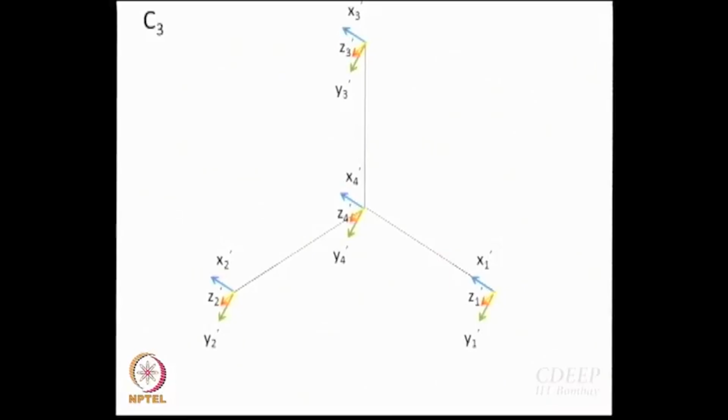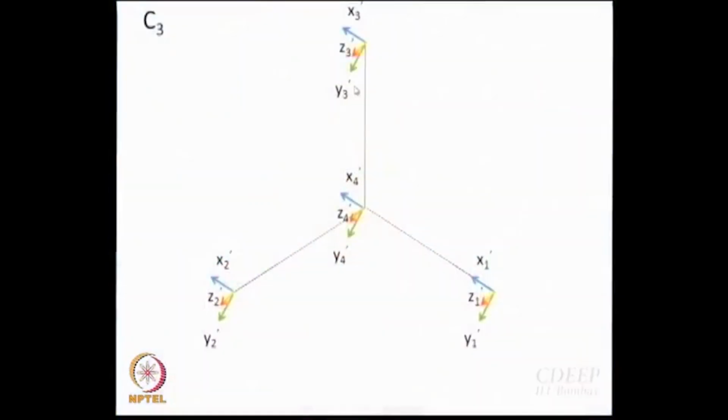Alright, these Z's are very easy, Z dashed. What about Y? How do I draw Y? Y also is very easy, because Y has to be perpendicular to X, right? So it's very easy for me to draw Y1 dash perpendicular to X1 dash, Y4 dash perpendicular to X4 dash, and the check is that the Y's should be parallel to each other. So now you see Y4 dashed here is parallel to Y1 dashed here. Then similarly you can draw Y2 dashed here and you can draw Y3 dashed here.